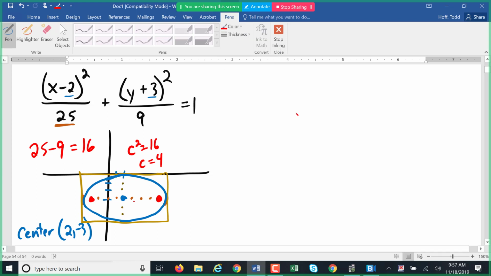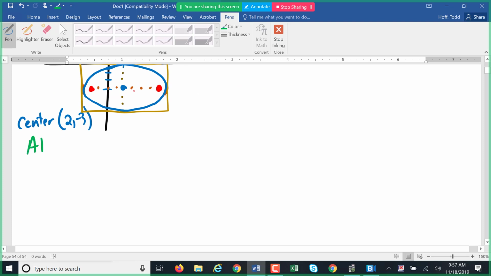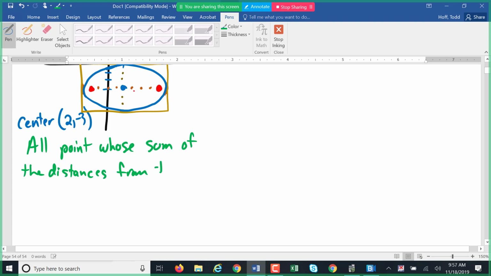Well, for a hyperbola, and recall, by the way, that the definition of that ellipse was all points whose sum of the distances from 2 points, in other words, from the foci, is constant.